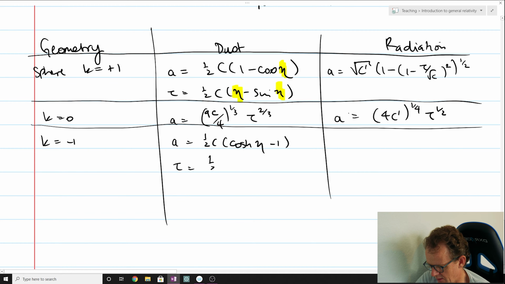And then you should hopefully confirm these solutions for A prime.